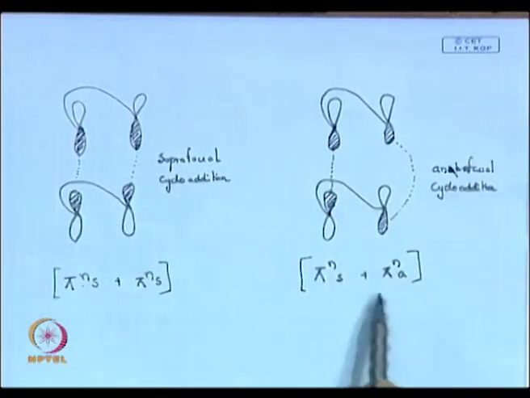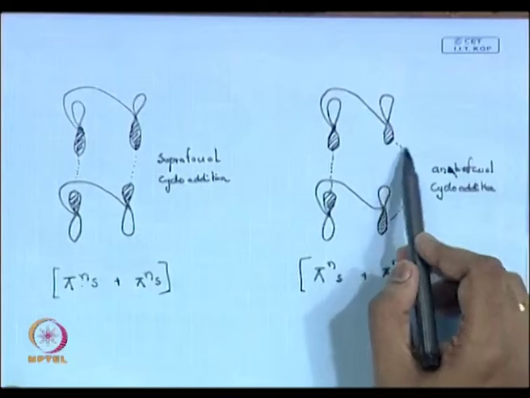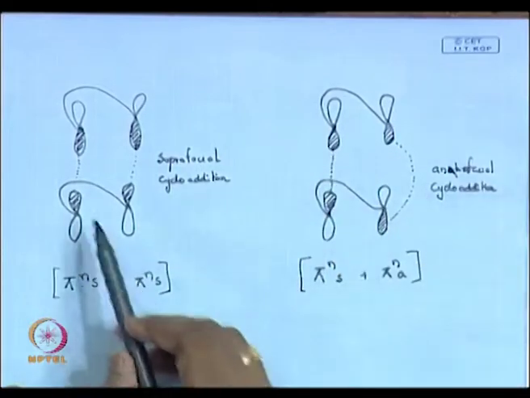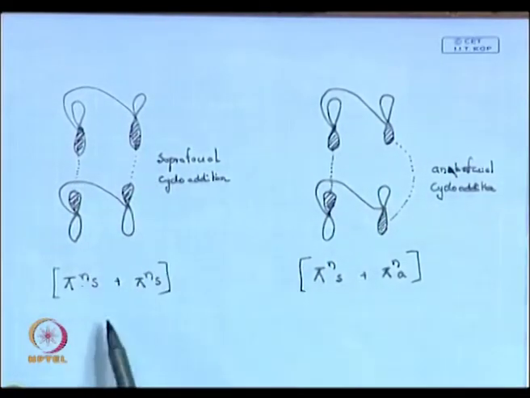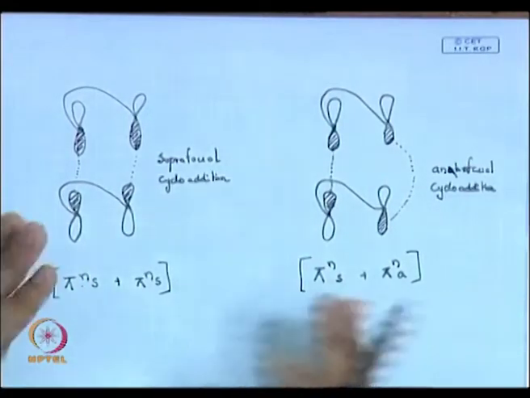This is pi n s plus pi n a, because this is antarafacial and this is suprafacial. In the earlier case both are suprafacial. This is a general term, and that's how you name cycloaddition.